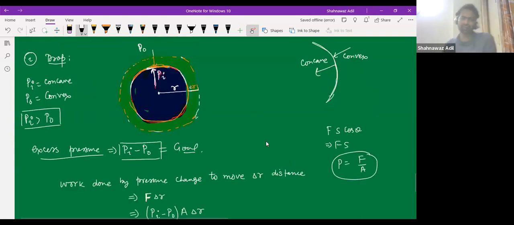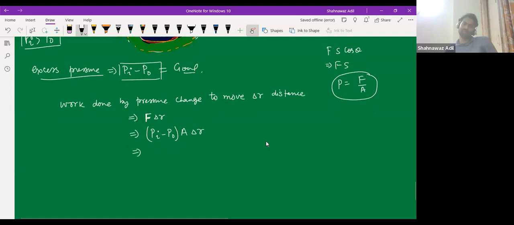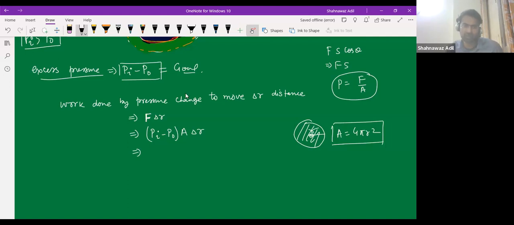What is the surface area of a sphere of radius r? Okay, so that is 4 pi r square. You guys remember it now? Yes, sir. So this surface area would be simply 4 pi r square.